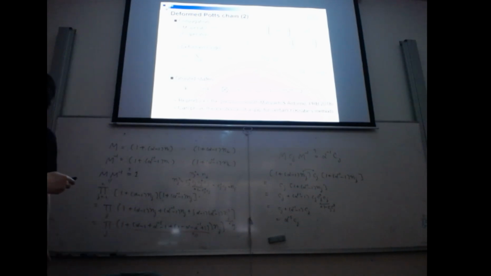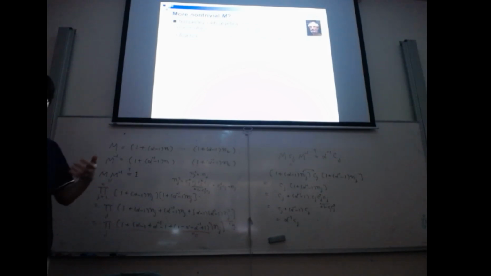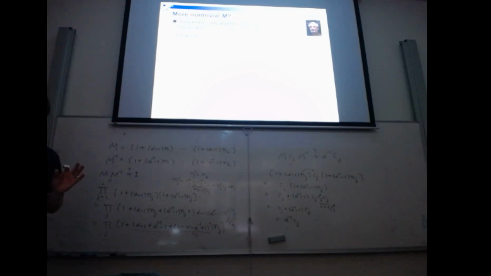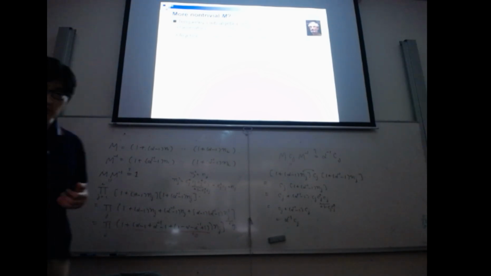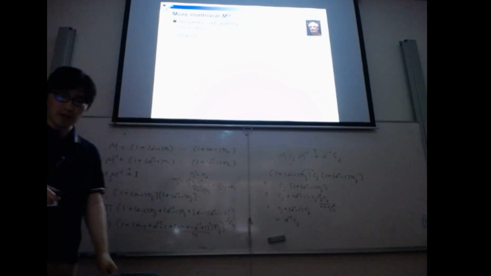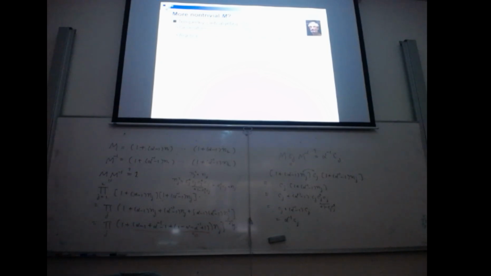Okay, so it's almost the time. But so far, I've been focusing on a rather simple M operator, which is just a product of diagonal matrices. But you can consider more non-trivial M. And actually, you can construct more non-trivial M using some involved algebra called the Temperley-Lieb algebra, which was discussed in the statistical mechanics context.